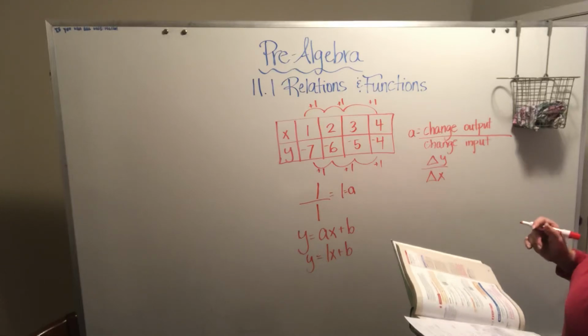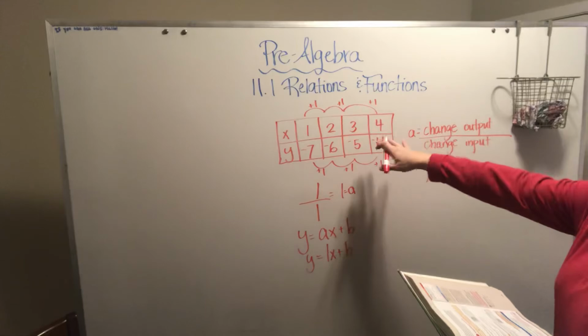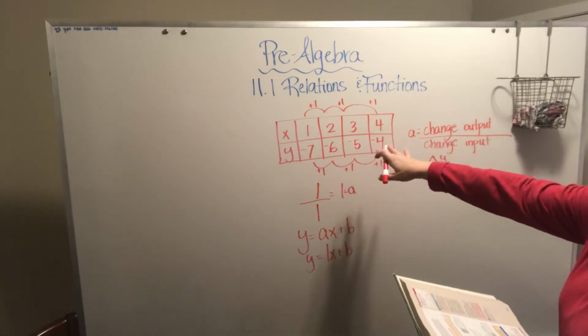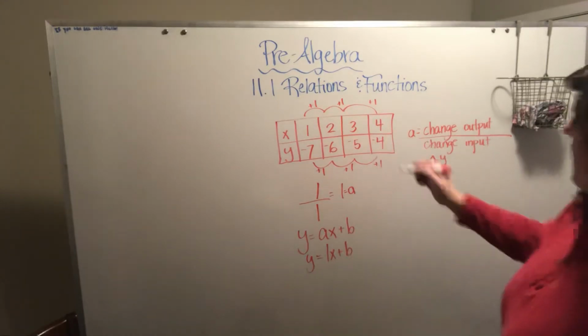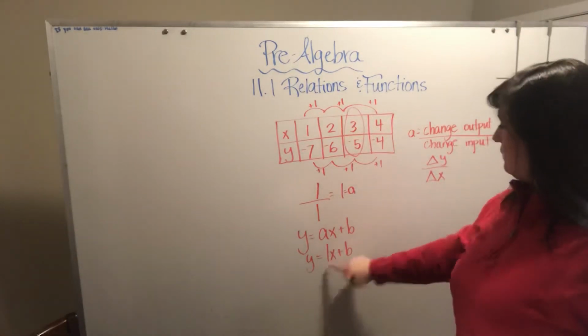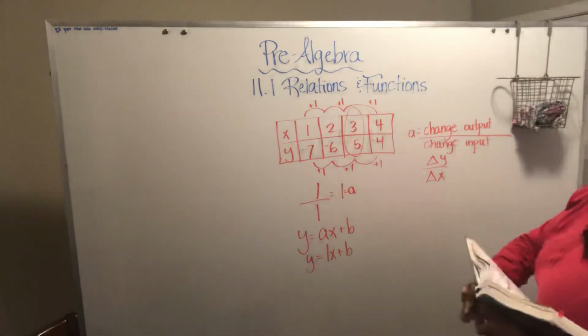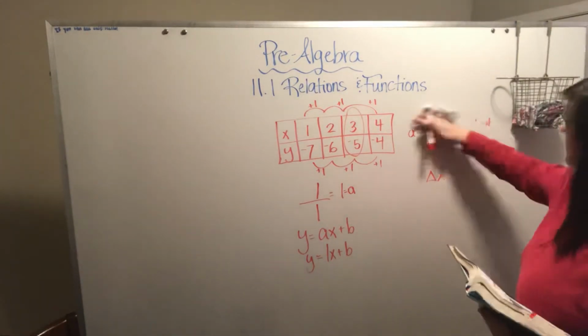So now what you're going to do is substitute using the information in the table, okay? And I'm going to go ahead and just pick a point, and I'm going to use this point, okay? So using this, Y equals AX plus B. I'm going to go ahead and erase this over here.